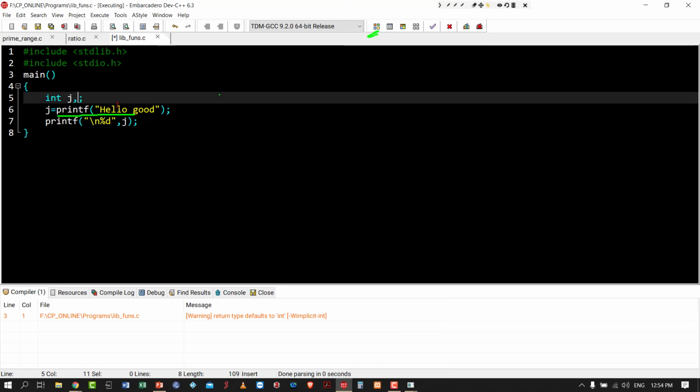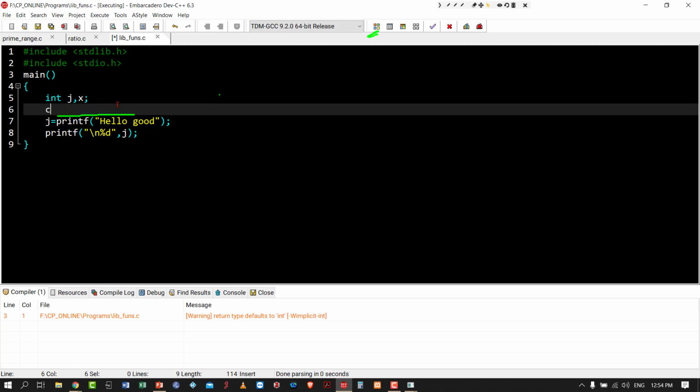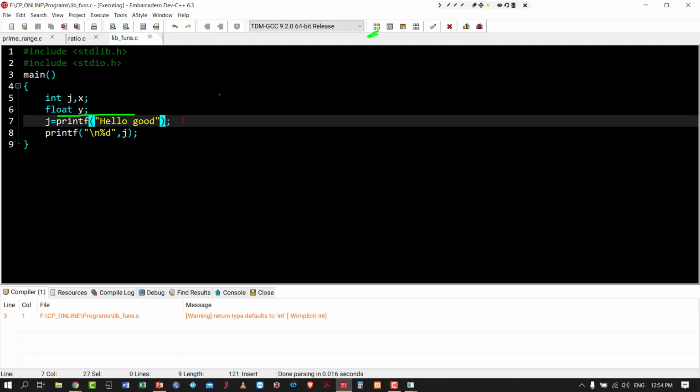I am declaring two more values, j and x, comma. I am also declaring a float value, float y. Then I write scanf.